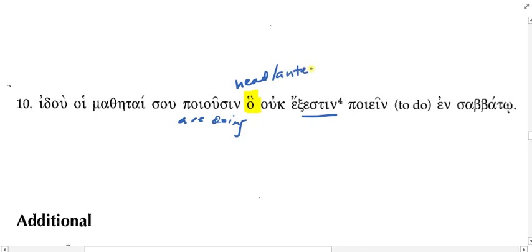Do I have a head or an antecedent here? We talked about this around Halloween last semester. So would it be ug et exestin? This stuff is inside the relative clause, but the head or the antecedent that the relative clause modifies is typically on the outside of the relative clause.